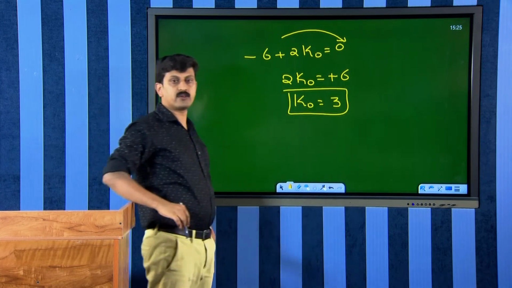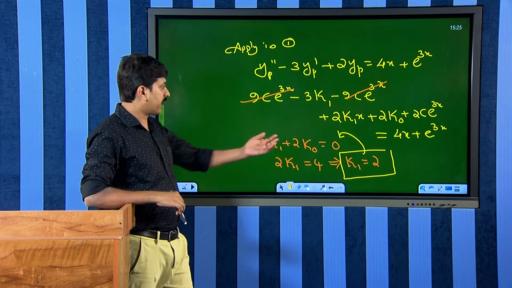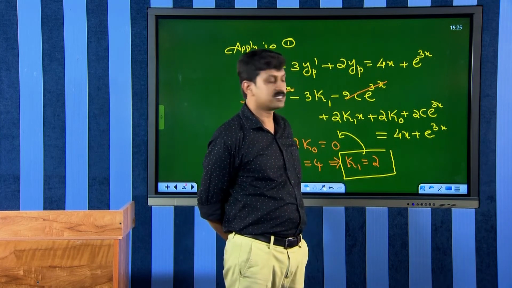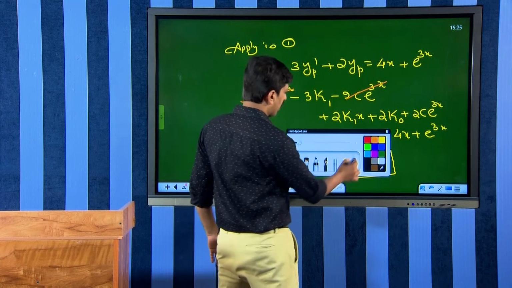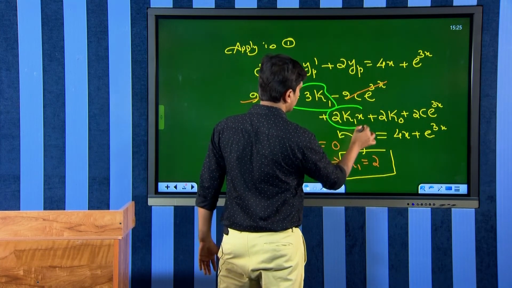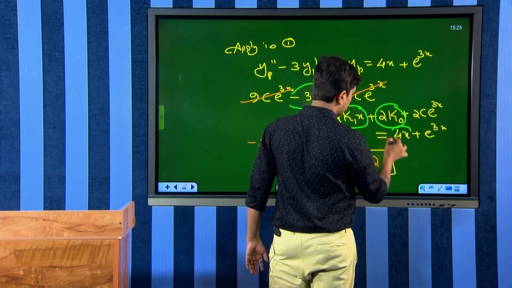Now we found the value of k0 and the value of k1, and finally we have a chance to compare the coefficients of e raised to 3x. Here we have 2c. We already used the constant term and the 4x term.